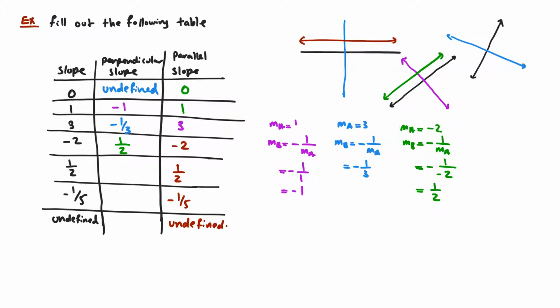If the slope is 1 over 2, so if MA is equal to 1 over 2, then MB is equal to negative 1 over MA, which is negative 1 over 1 over 2. And again, a little bit of algebra is required to solve this.